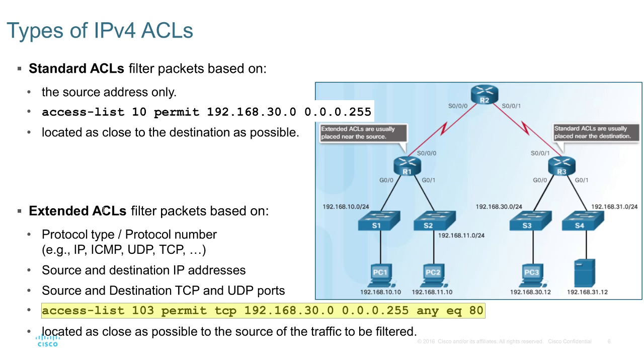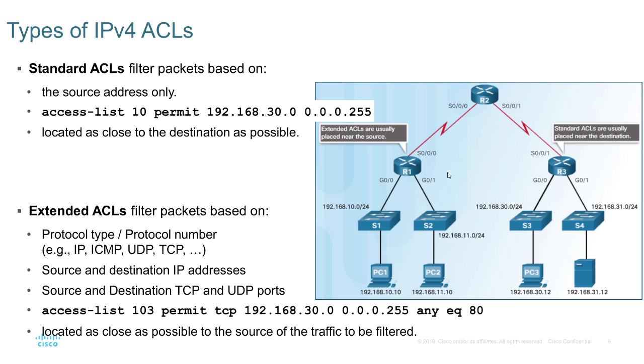These extended ACLs can easily be placed closer to the source itself, because we already know what the destination is. With an extended ACL, from the beginning we know the destination, so we can plan ahead and limit the traffic before it leaves to the next part of the network.